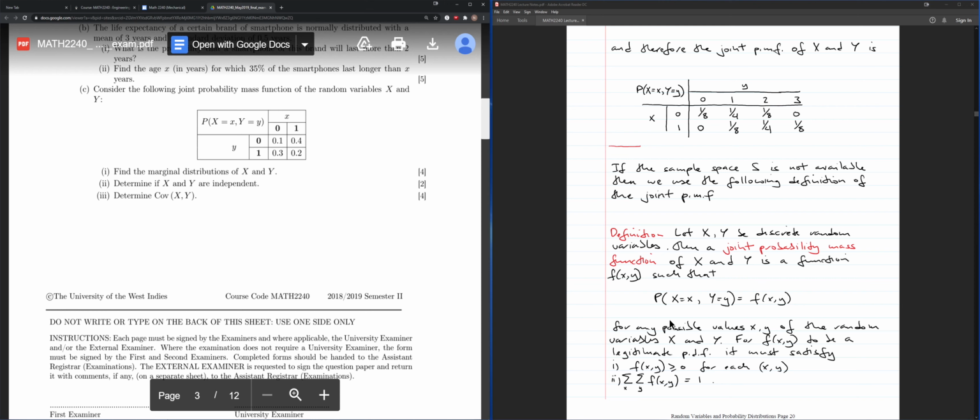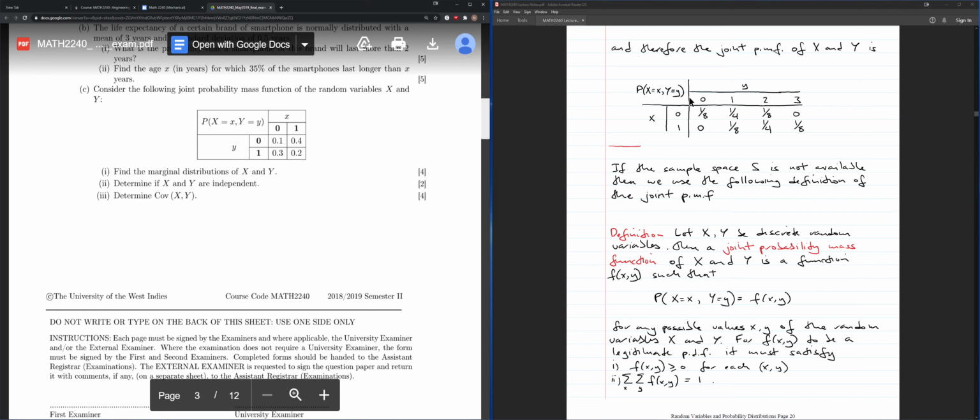A joint probability mass function is a way of determining probabilities for any value small x of the random variable big X, and any value small y of the random variable big Y. And as I said, usually it's given to you in a table.